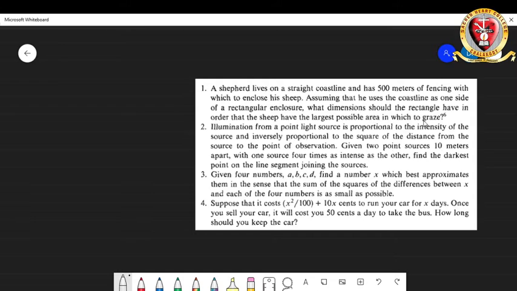So a shepherd has some sheep and he has a rectangular enclosure. One side of the rectangular enclosure is the coastline, the sea, and obviously that side need not be fenced.